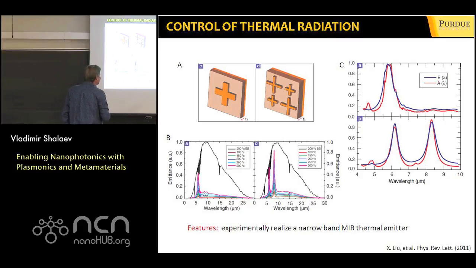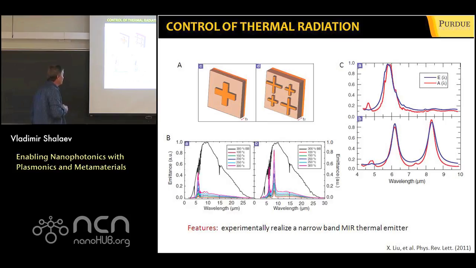So there are many applications, or just even a simple example, like these smart windows: light goes through the windows, it heats up the room, how to keep it cool, or the other way around. It's all about controlling thermal radiation. And now we are getting to the stage that there are lots of things that could be done in that regard. And there are lots of activities around the world.